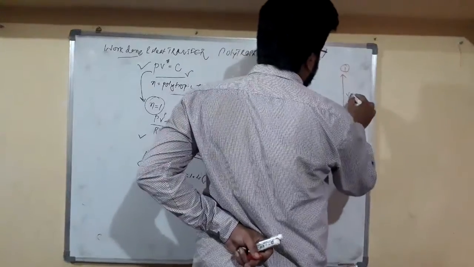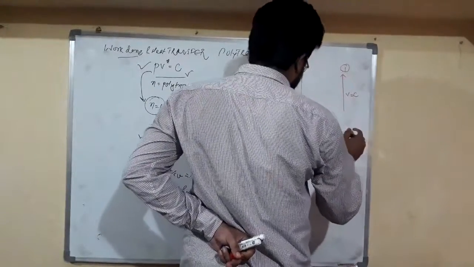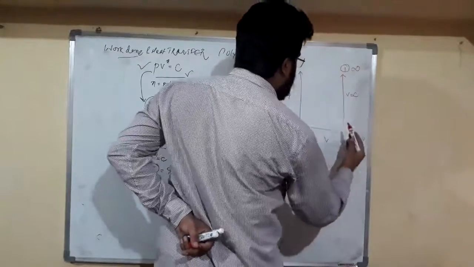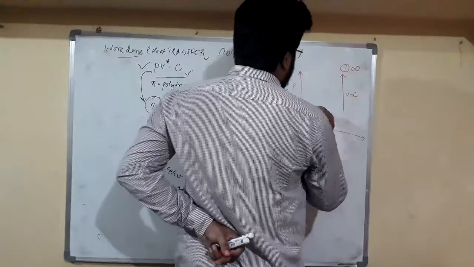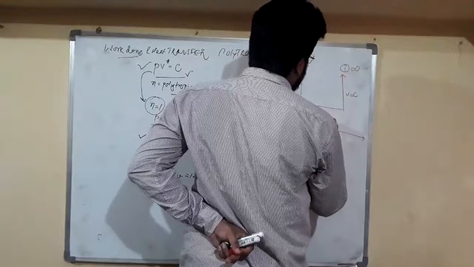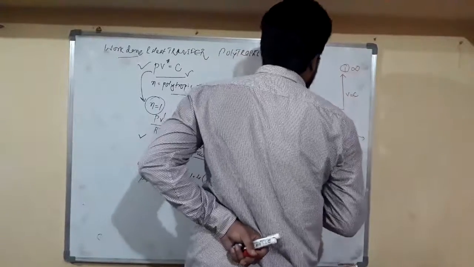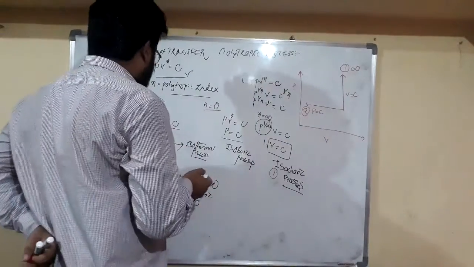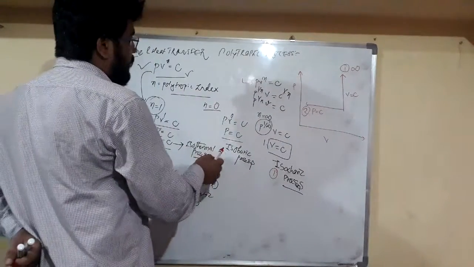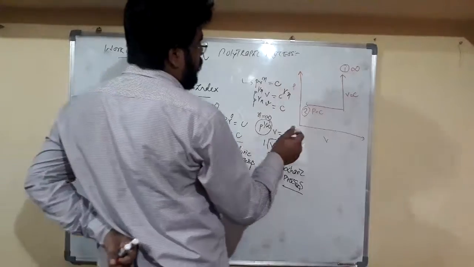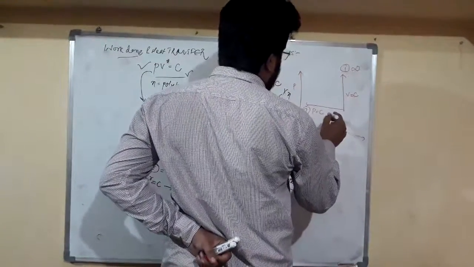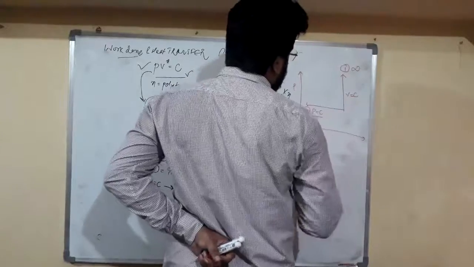Here volume is constant, so the slope is going to infinity. In case of pressure equal to constant, this is our number two line. In case of pressure constant, the slope n is equal to 0, and we get this line.